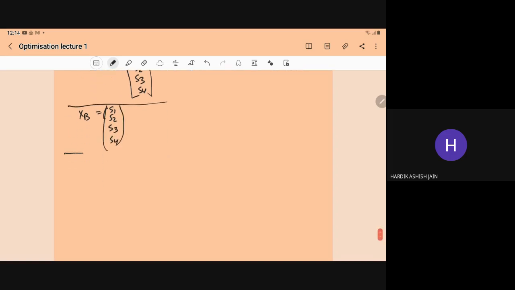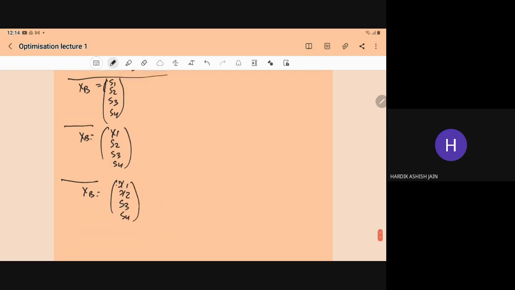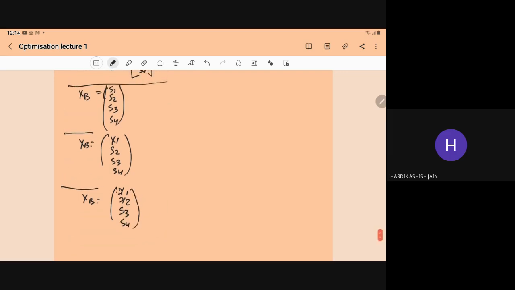In the second table the basic variables are x1, s2, s3, s4, and in the third table the basic variables are x1, x2, s3, s4. We have three tables in that ready-made problem.